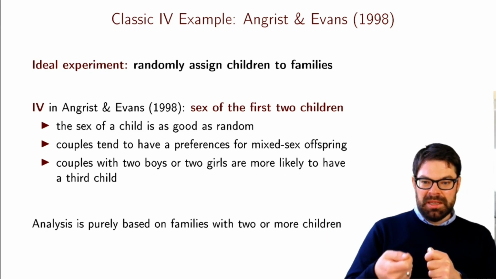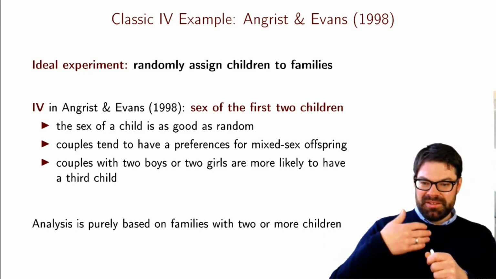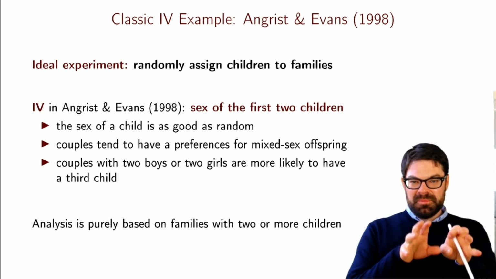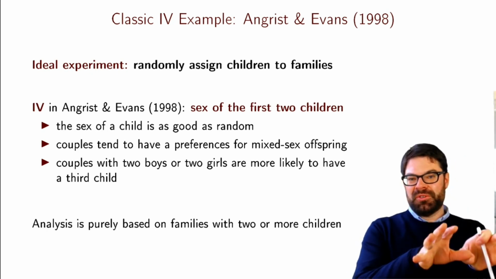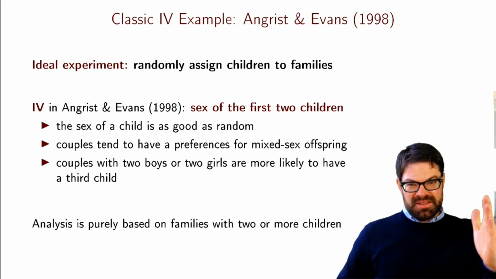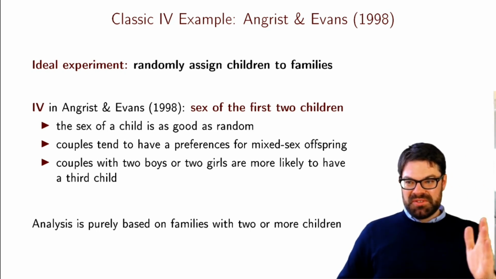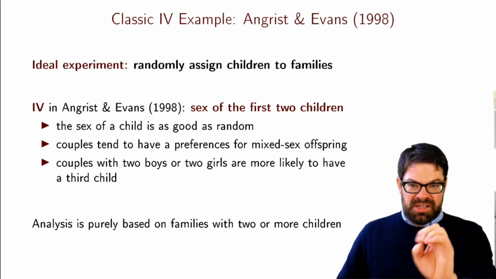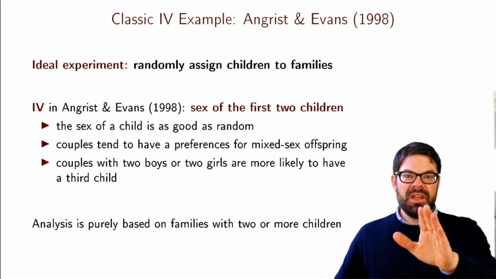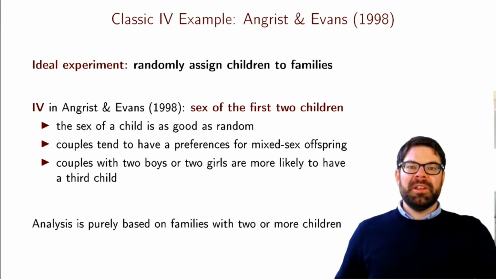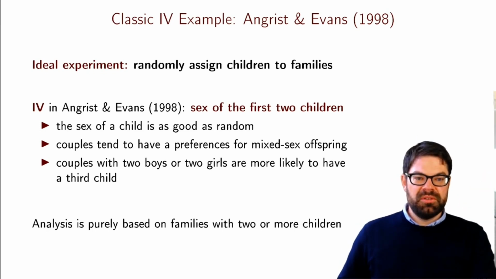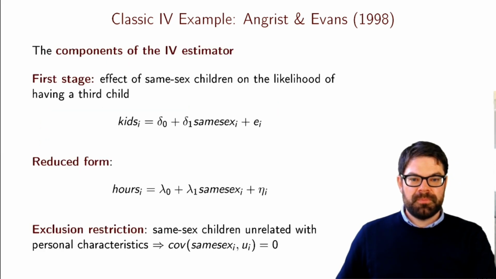And if they do have children of the same sex, that may increase their likelihood of having a third one. And that gives them basically this first stage, this margin, where some couples who are treated with same-sex children would have another one, which then gives you an increase in the number of children that couple has.